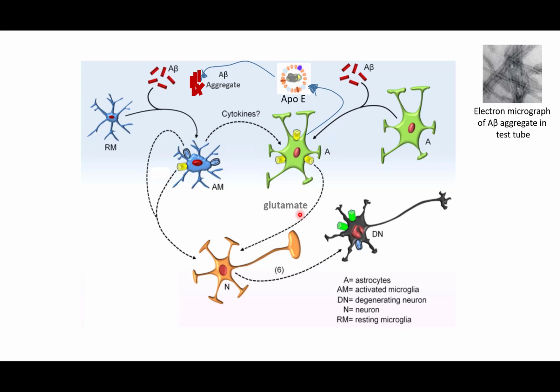What is glutamate? Anyone know what glutamate is? It's another type of neurotransmitter. And so the glutamate also has a specific neuron that it stimulates, right? It's the neuron that responds to glutamate, and its receptor is NMDA.